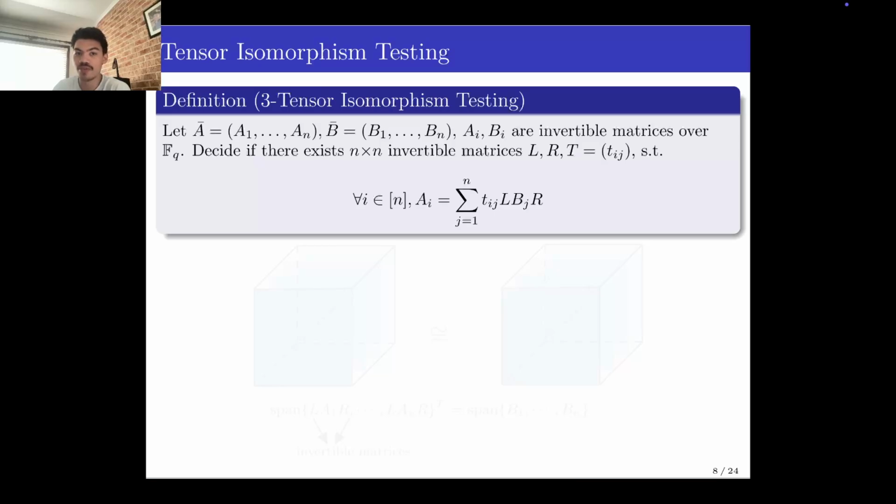And then we also have a corresponding isomorphism problem for 3-tensors. So let's say given two tuples of matrices, the tensor isomorphism testing problem asks whether there exist invertible matrices L, R, and T, where L and R will multiply on the left and right of the tuple, and T will do linear combinations in the third direction.